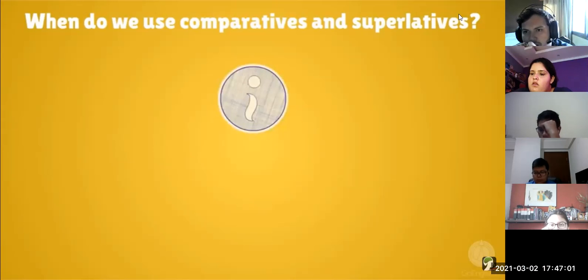Okay. I guess the superlative is not that clear. Again, please. Maybe comparative is when we have to show a difference between two things, and superlative is when we have to make an emphasis in one thing or person.